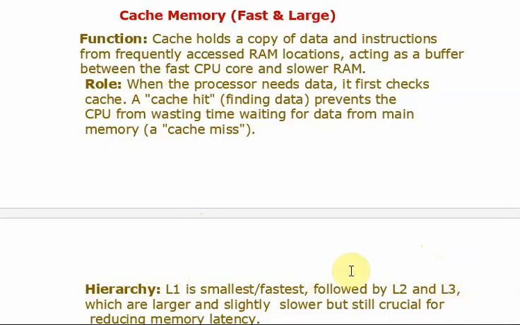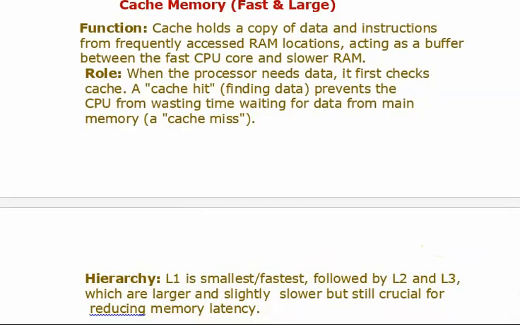I am providing this for the additional knowledge, but we should know what is the main function of the cache memory. Right now it is very clear about CPU, what is inside CPU, what is arithmetic logic unit, control unit, registers, cache memory, and the CPU speed.